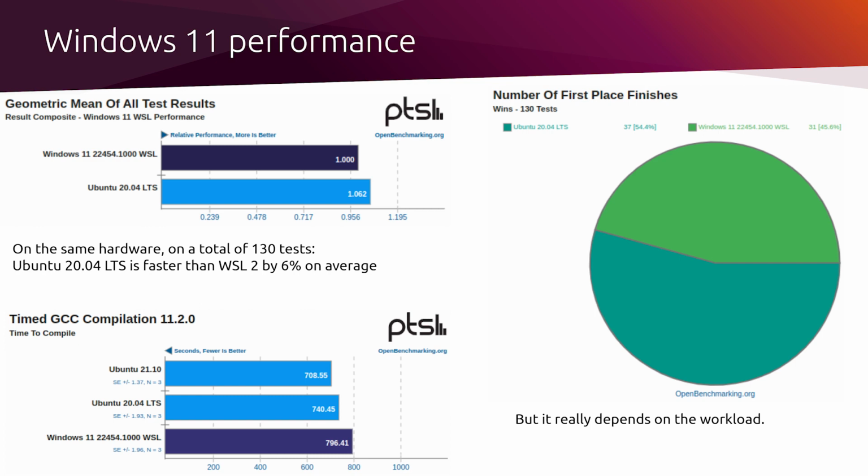We see that it really depends on the workload. If you're doing GCC compilation, for example, where you need a lot of I/O, then the difference is a bit higher. So depending on your workload, you may want to run on a VM, or you may want to run WSL, or you may want to run on hardware.